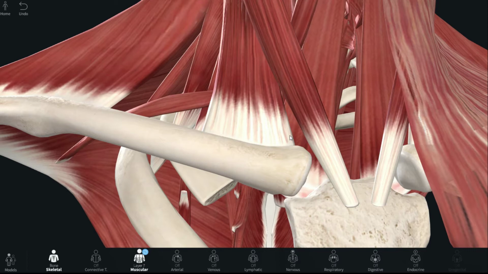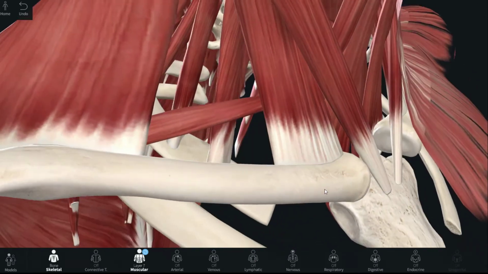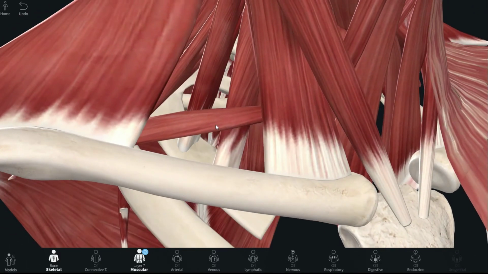But there is a but to this. There is another supraclavicular fossa, which is essentially this triangular space over here. See, this triangular space is also above the clavicle, so it's also a fossa, and also a supraclavicular fossa.